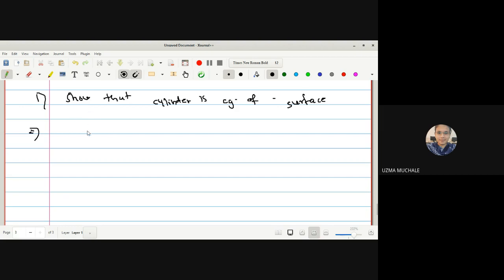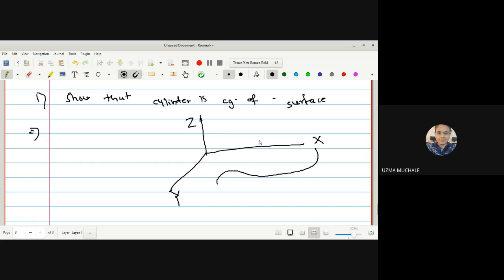Okay, first let me define what the cylinder is in differential geometry. As I told you just now, what you have to do is take a curve in the xy plane, or rather you can consider this in any plane.